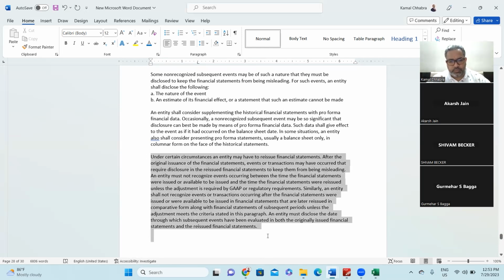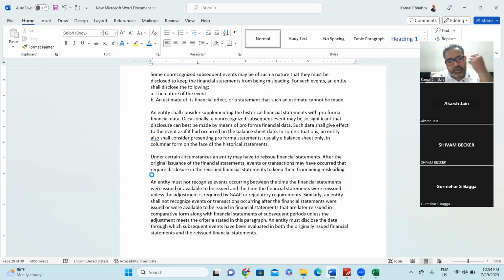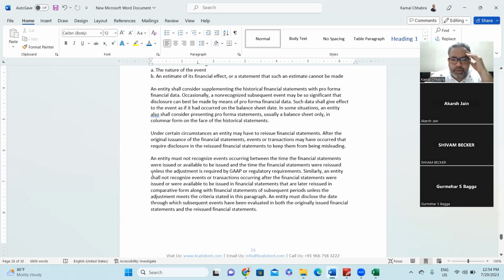So under certain circumstances, an entity may have reissued the financial statement after the original issuance of the financial statement. Events or transactions may have occurred after, requiring disclosure in the reissued financial statement to keep them from being misleading. An entity must not recognize the event occurring between the time the financial statements were issued or available to be issued and the time the financial statements were reissued, unless the adjustment is required by GAAP or regulatory requirement.